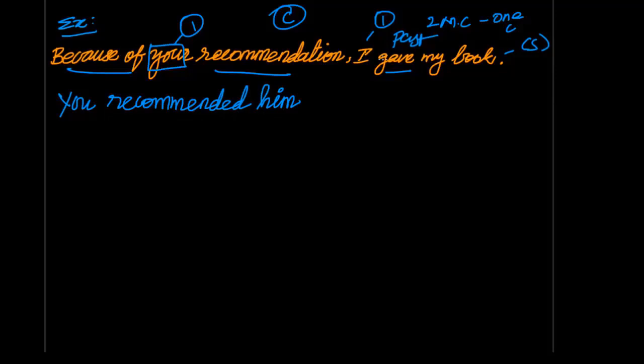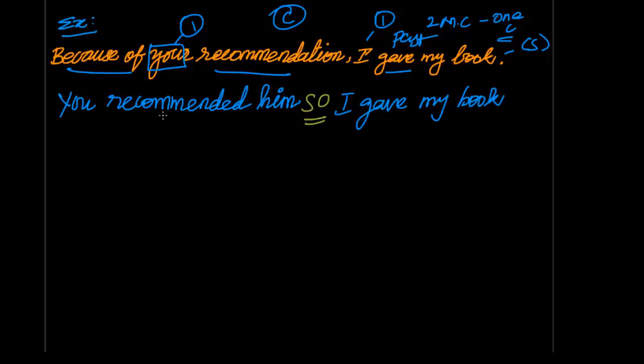And so we have to put 1 conjunction here. By our rule, what is our rule? So or therefore is used in a compound sentence. So additionally we put our conjunction here. Already here we have 1 complete main clause. Now take down this main clause: I gave my book. Now read the sentence. You recommended him.